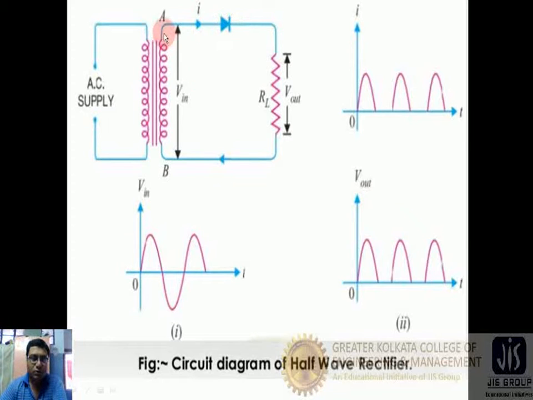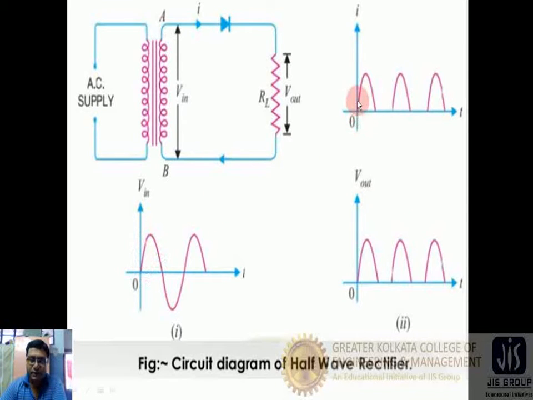That means when the A terminal is positive and the B terminal is negative, only at that time the diode conducts from the P side of the diode towards the N side, and the current flows through the load resistance. So only the half cycle of the input signal is in forward bias toward the diode.